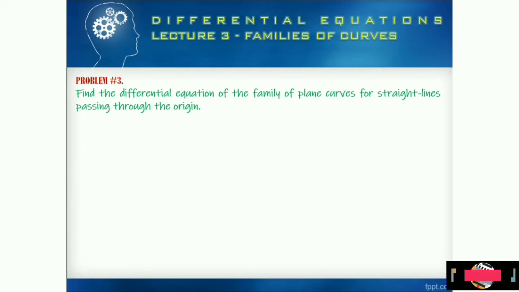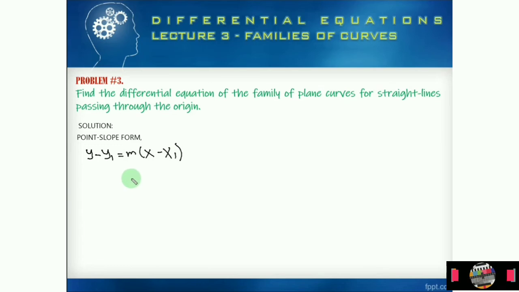For the solution, I think you are familiar with the equation for a straight line. Even if it is passing through, do you remember the point-slope form for a straight line? Its equation is simply y minus y1 equal to m times x minus x1.